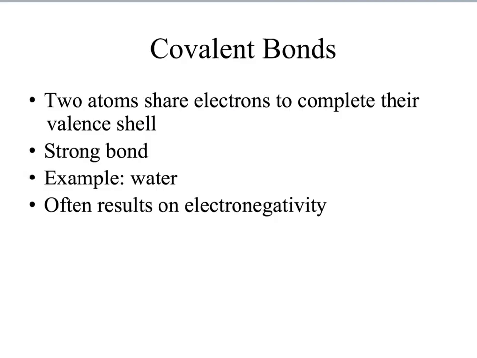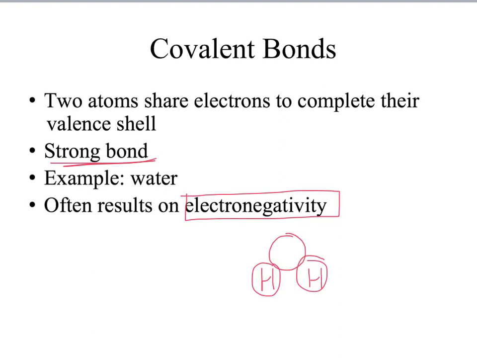A covalent bond is when two atoms share electrons to complete their valence shell. It's a very, very strong bond. An example is water. It often results in a term that we call electronegativity. Electronegativity is when one atom of a molecule tends to have a stronger pull for the electrons, and therefore, I'm going to just draw my water molecule here like this, you end up with what we call a polar molecule.